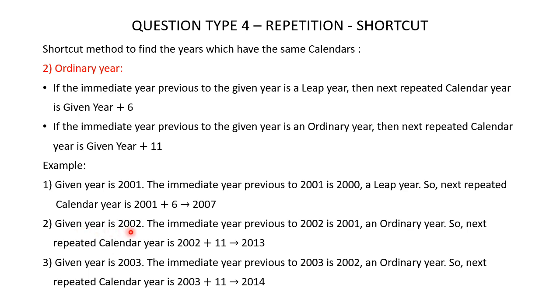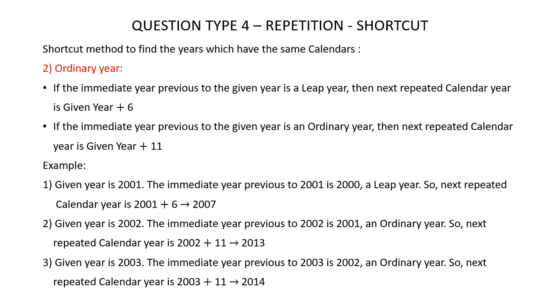Now the year immediate previous to 2002 is 2001, which is also an ordinary year. So the next repeated calendar would be 2002 plus 11, which is 2013. So the calendar of 2002 repeats in the year 2013.